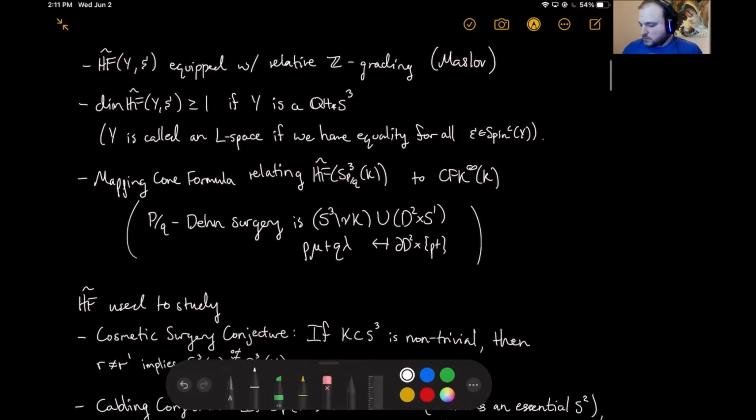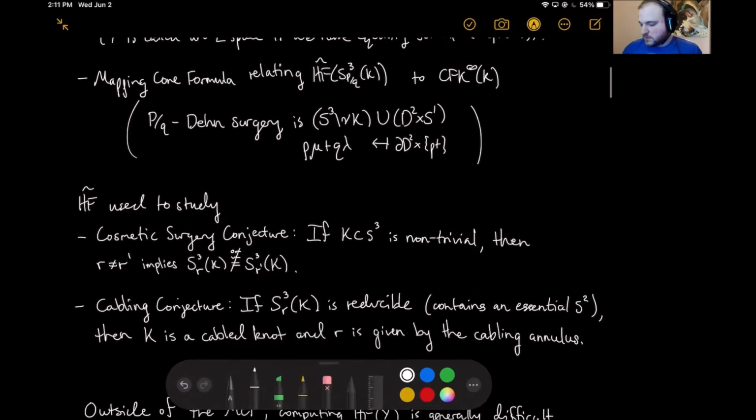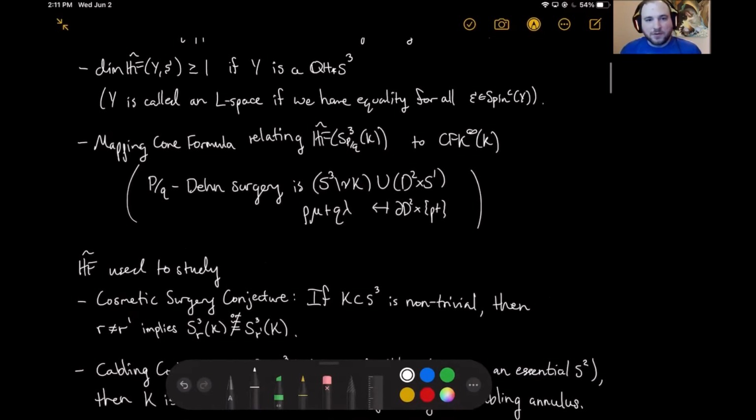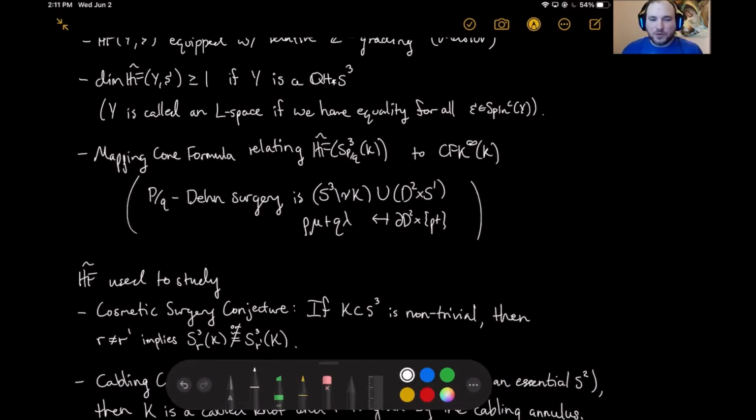Okay, so maybe we'll take a look at some things that Heegaard Floer homology has been incredibly useful and very helpful to study. A slight note right before that is we'll pretty much only talk about the hat flavor of Heegaard Floer homology. There's also the plus and minus flavors and the infinity flavor as well.